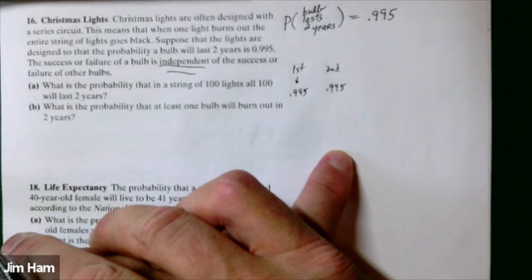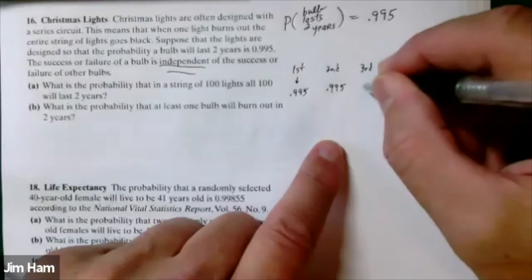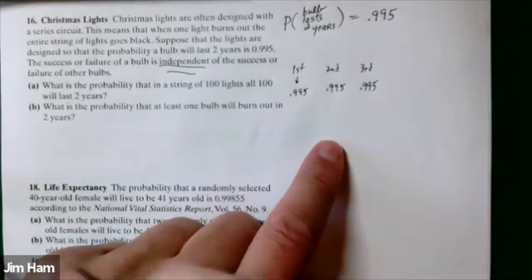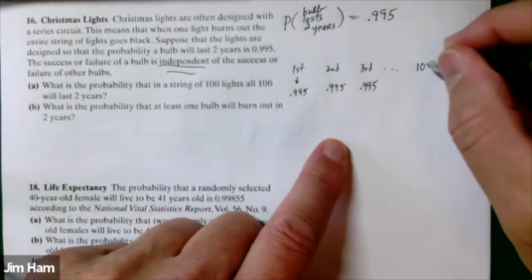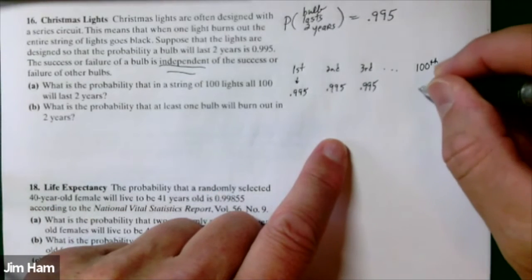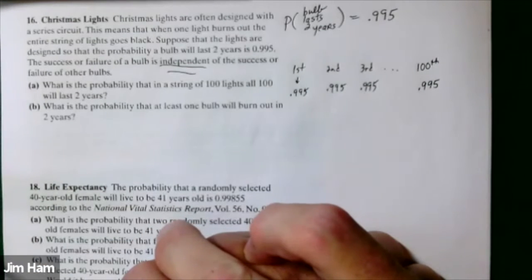They're going to last 2 years or not, independent of what some other bulb does. So we're talking about individual bulbs. And then the third bulb has a probability of 0.995, and so on, until the 100th bulb will also have a probability of 0.995.